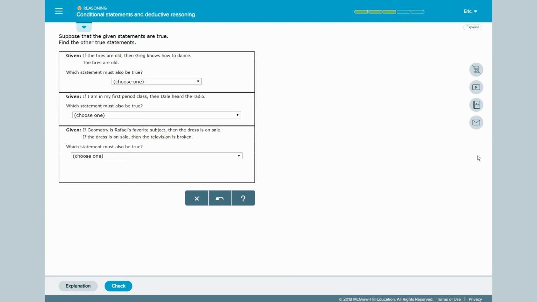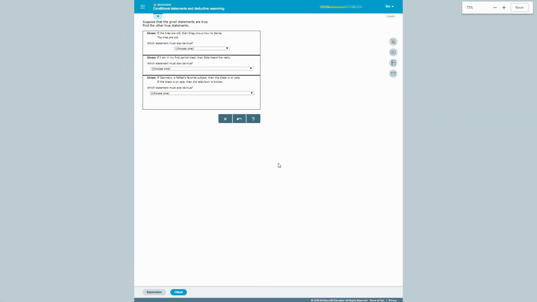Conditional statements and deductive reasoning. I'm not going to get into every little tiny part of this, but this part will be a little bit long. So let's actually zoom out because we're not going to need nearly as much of this as we do.